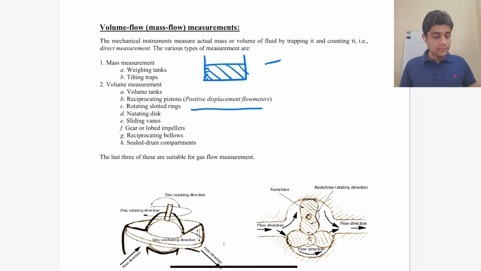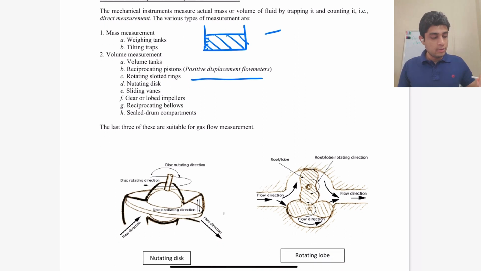But this direct method is very manual and you cannot automate it. And you cannot also use it in applications where you want a continuous flow and you don't want to disrupt the flow. So to get over this problem, we use something called positive displacement flow meters.